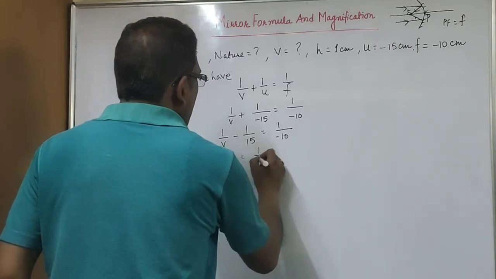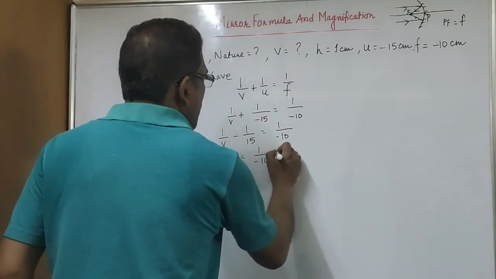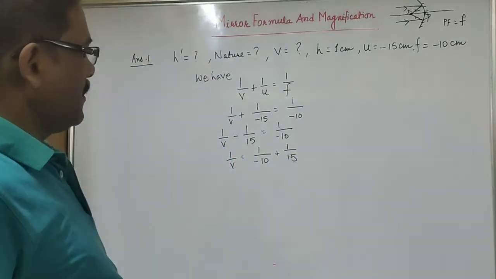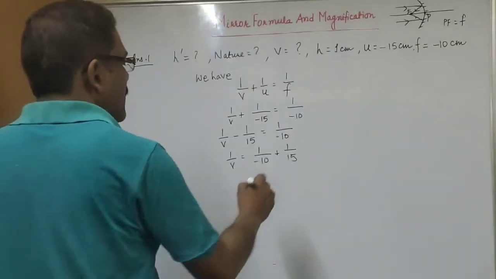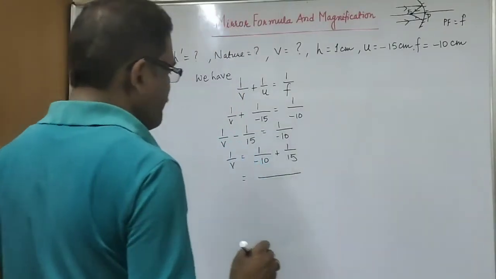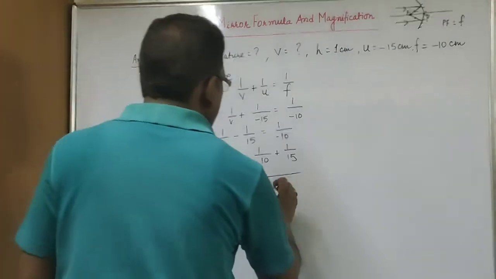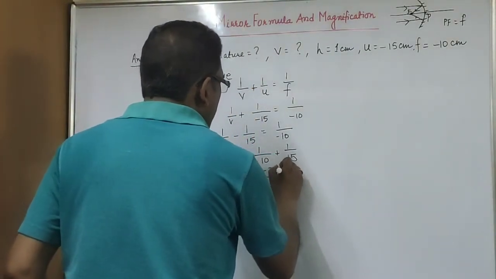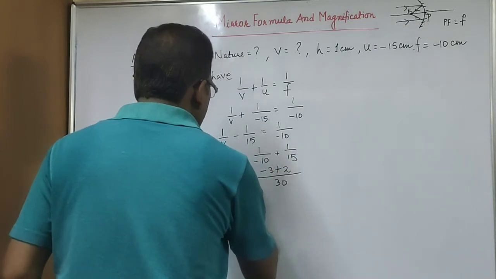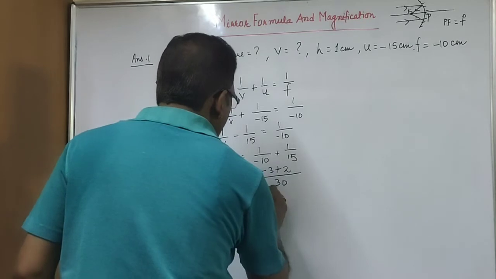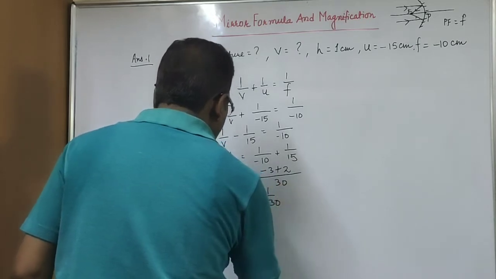Now shifting this term towards the right side, it will be positive. So it will be like this: 1 upon minus 10 plus 1 by 15. Now take the LCM. I think the LCM is 30. So it will be minus 3 plus 2. So 1 by v is equal to minus 1 by 30.